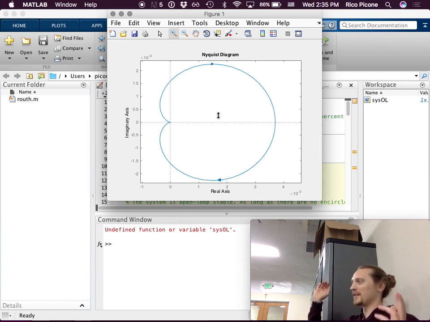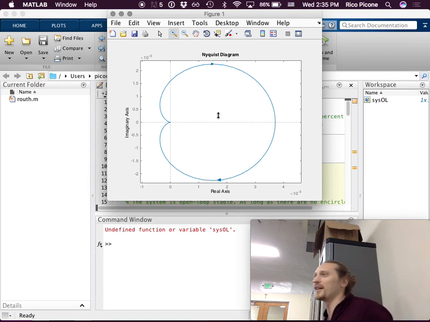So that's going to divide the plane into 2, and they're going to be up and down, and it's just going to come together and go straight up and down. So we've seen that before, so we're comfortable with that system. And we know any gain is going to be fine because the root locus never goes into the right half plane. But this Nyquist diagram is good to take a look at that.